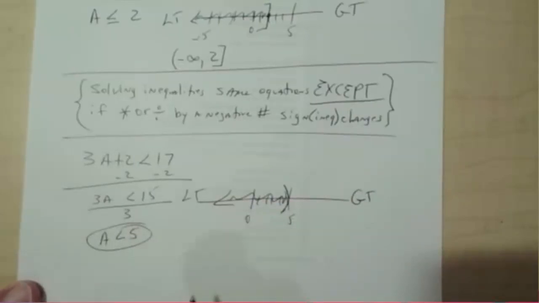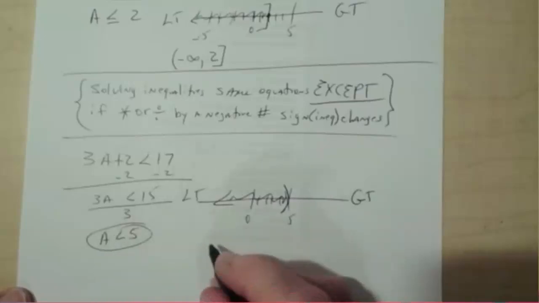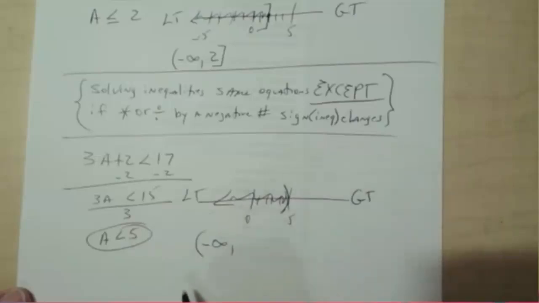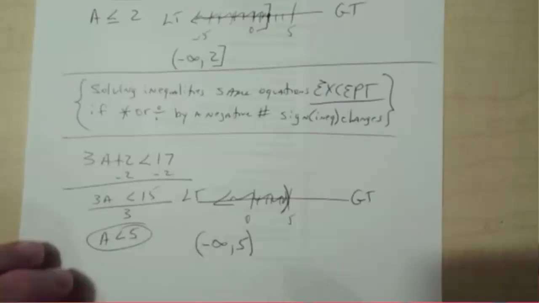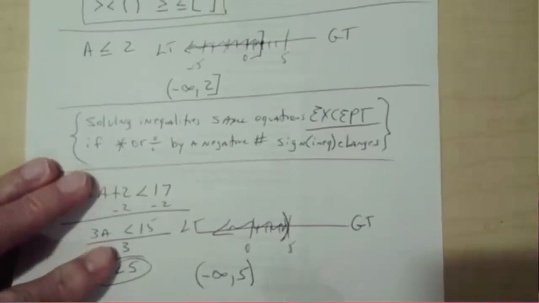Now the interval notation, what's the least this number can be? What's the least a can be? Negative infinity with a parenthesis. And what's the high side? What's the most this number can be? 5. And it's less than, so we use a parenthesis there also.